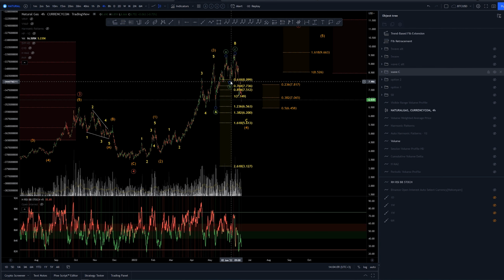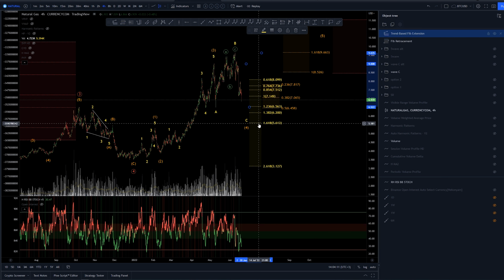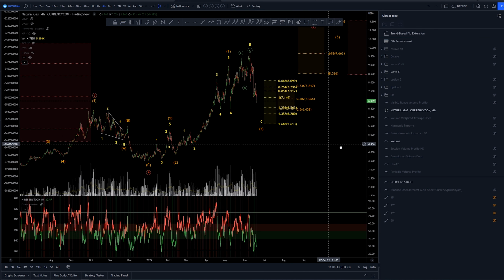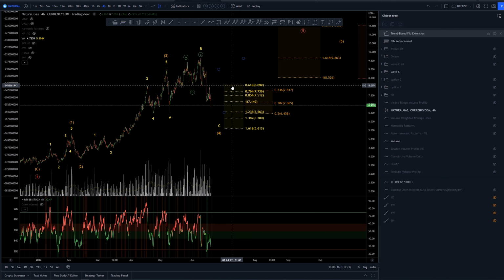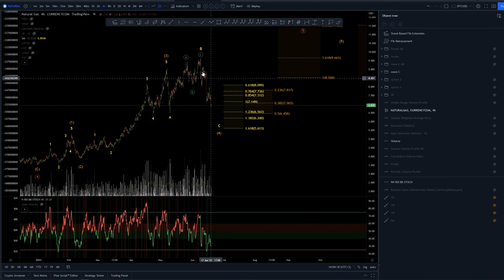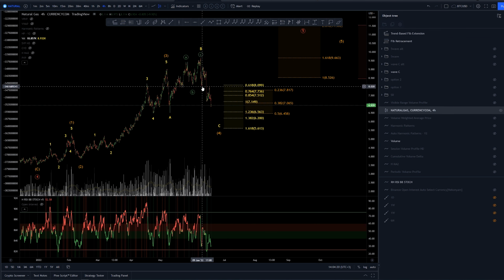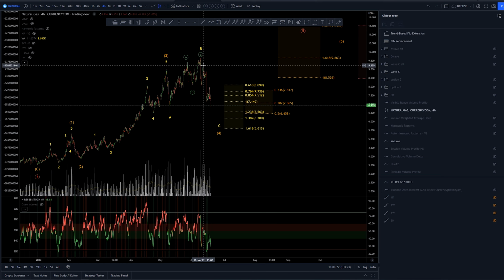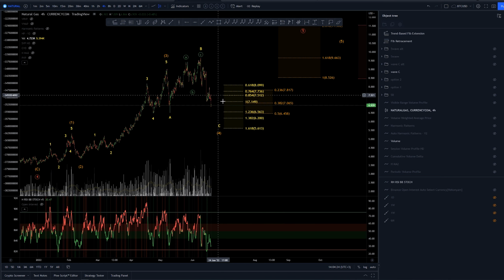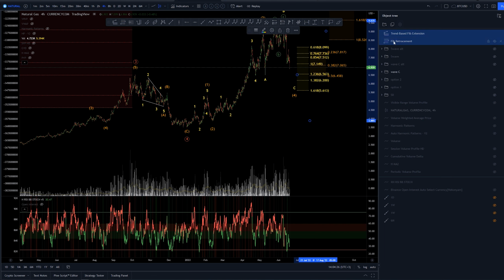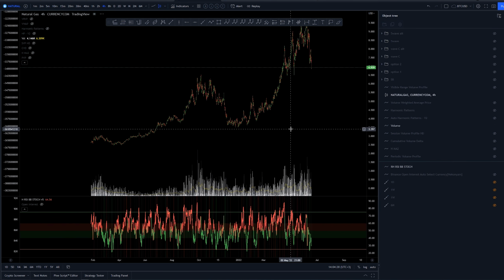Anything beyond the 1.618 here, I can just delete. Is not likely. We've gone beyond the 0.61, which is the minimum, but again that just looks more like a first wave or something. But we'll look into this smaller time frame in just a moment, but we'll add these to this count here.